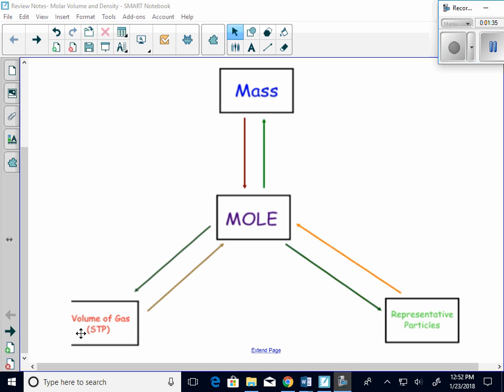So if something is at STP, it's at standard temperature, 0 degrees Celsius, and standard pressure, 1 atmosphere of pressure.